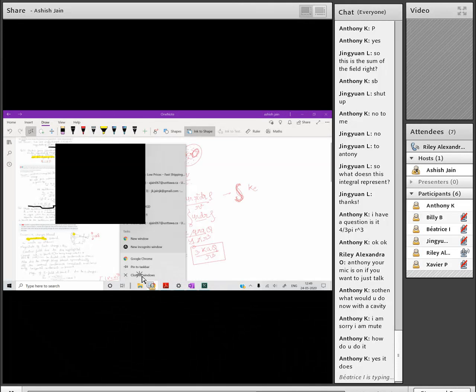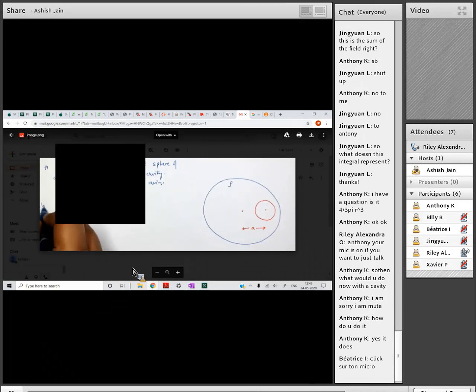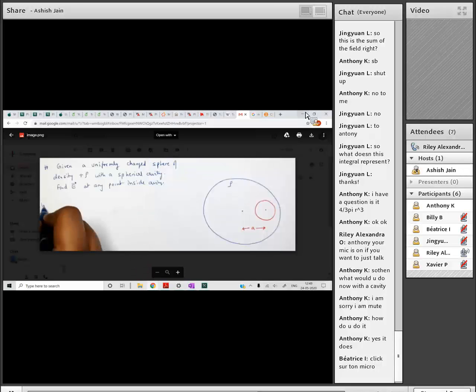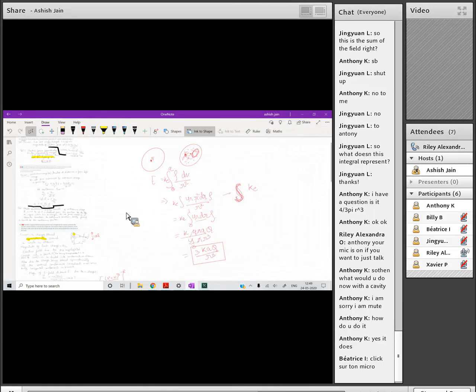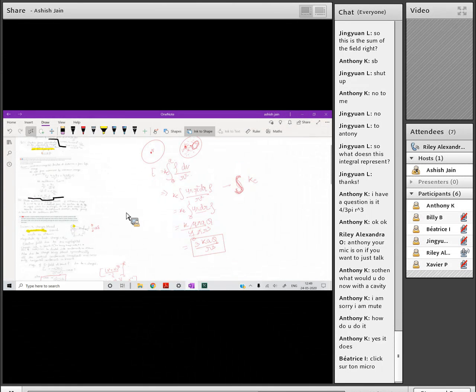Now I have to see the question again. Okay, so you have to find it at the center. Actually I solved this for the electric field at this point, right?